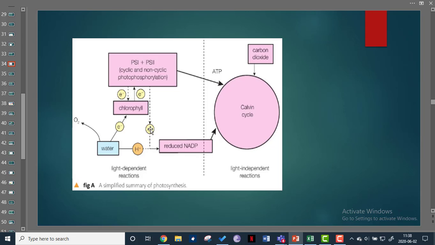These electrons are from the P700. Then they form hydrogen atoms which link with NADP to form reduced NADP, and that reduced NADP is the one that proceeds to the Calvin cycle. Now, that is what happens in the non-cyclic photophosphorylation.